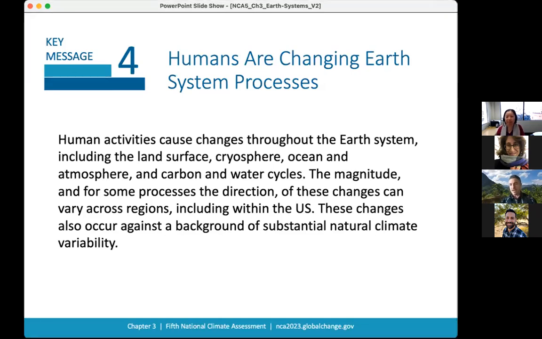So climate change does not mean all unidirectional changes across the globe. There will be variability. These changes also occur against a backdrop of substantial natural climate variability as well, which is similar to what Ruby was talking about on the last slide. So next slide, please.